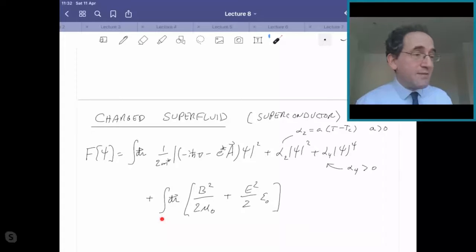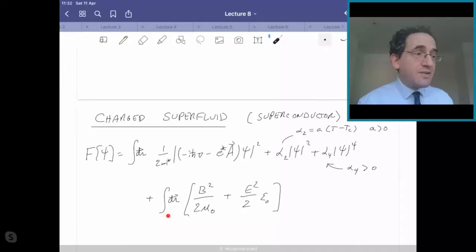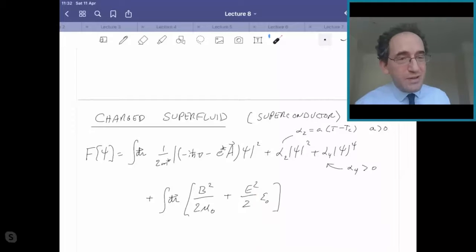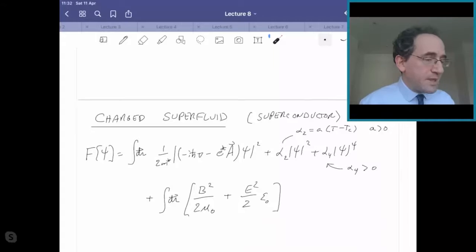So electromagnetic fields that leave the sample have to be included. Often we're going to drop the energy of the electric field, because it's not doing anything interesting for us. The electric field in a superconductor is 0, so we may drop that later on.